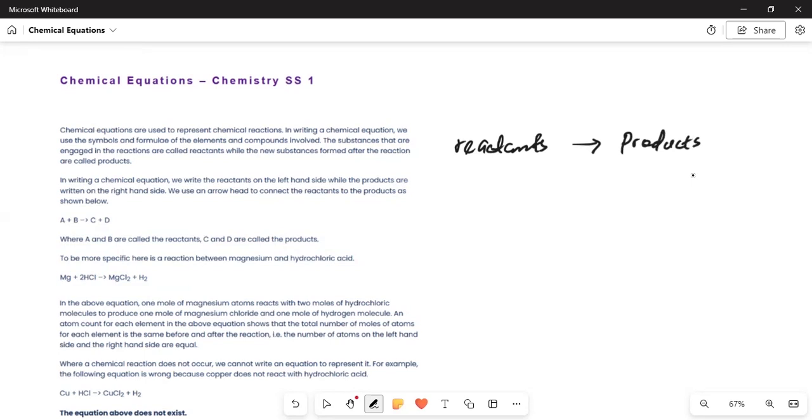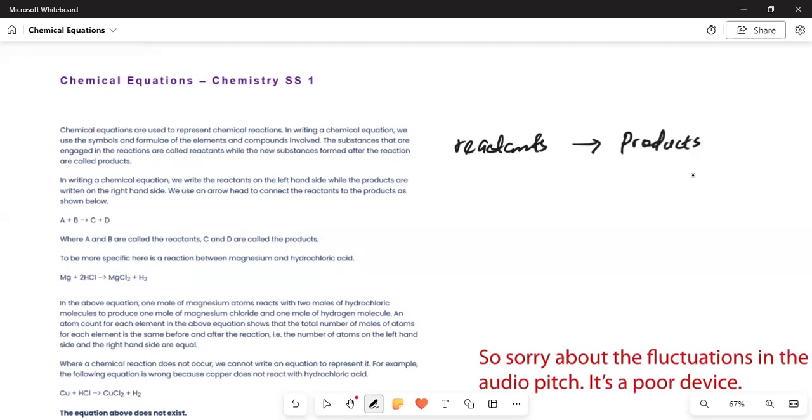The reactants are usually written on the left-hand side, while the products are written on the right-hand side. Then we use an arrowhead to link the reactants to the products, showing that reactants combine together chemically to give the product. So this paper representation of what happens inside the reaction vessel is known as a chemical equation.